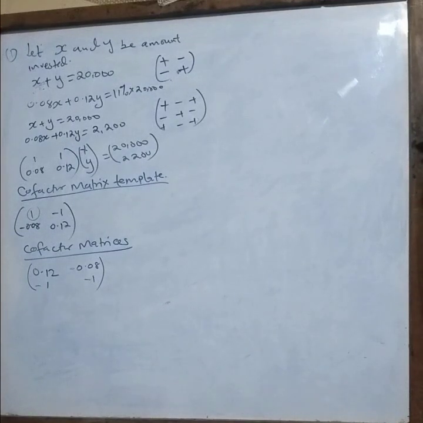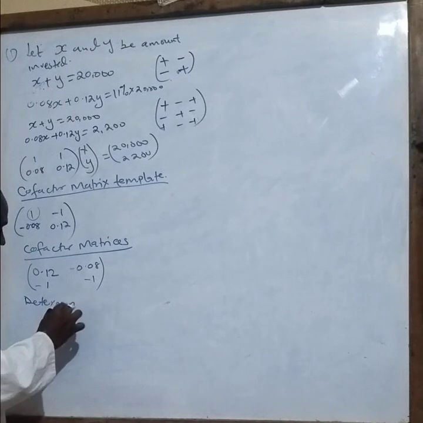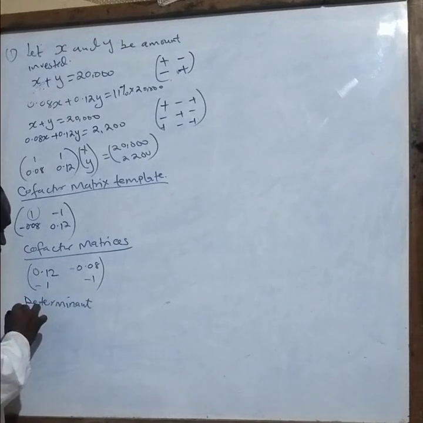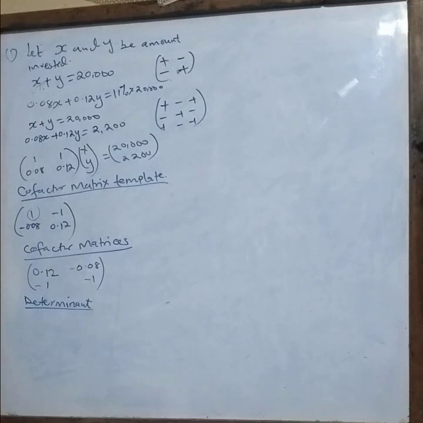You can see that. Once you have done this cofactor matrix, determine what we call the determinant. So how do you get the determinant of a 2 by 2 matrix? Product of the main diagonal minus product of the minor diagonal.